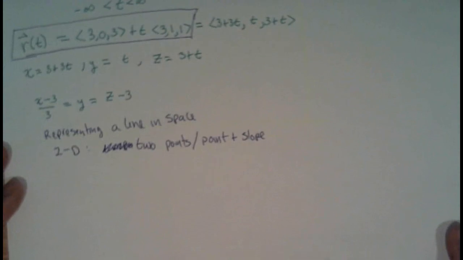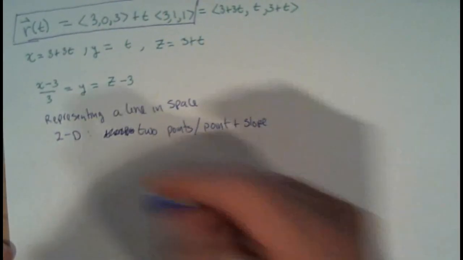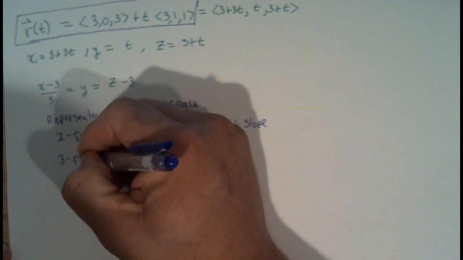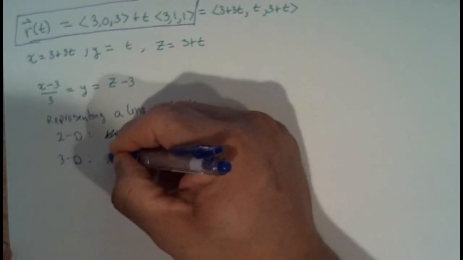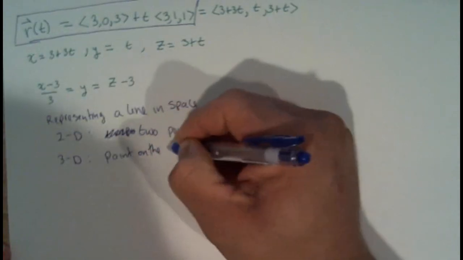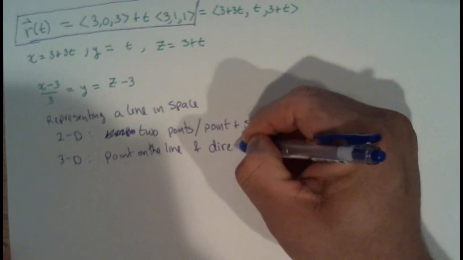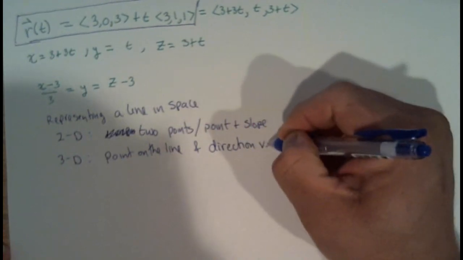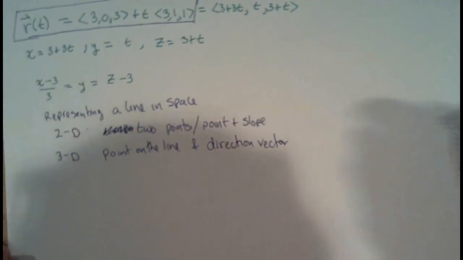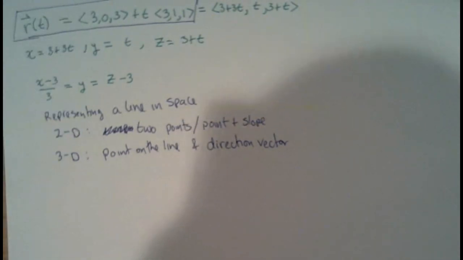Now in our three-dimensional space, which we're dealing with in this course, what we need is a point on the line and a direction vector. So we need a starting point, and then from there, in what direction should the line head.